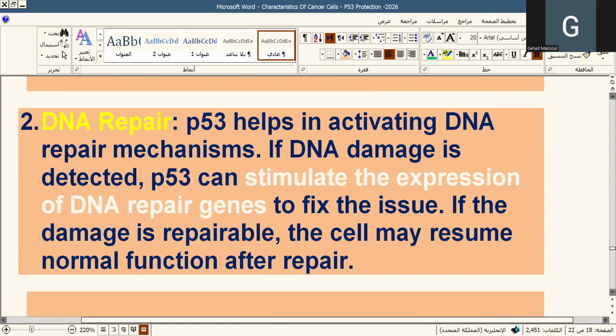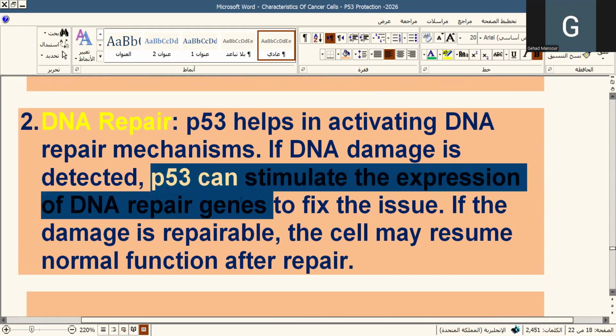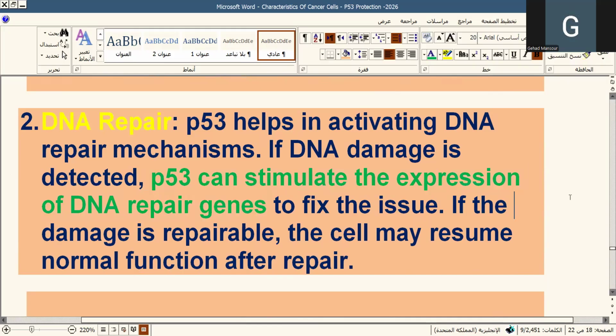How does P53 help in activating the DNA repair? P53 does a very important function, which is to activate the expression of DNA repair genes. There are genes in the cell that are called DNA repair genes.